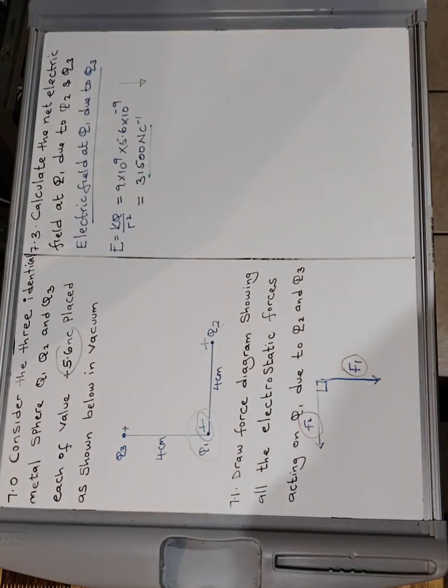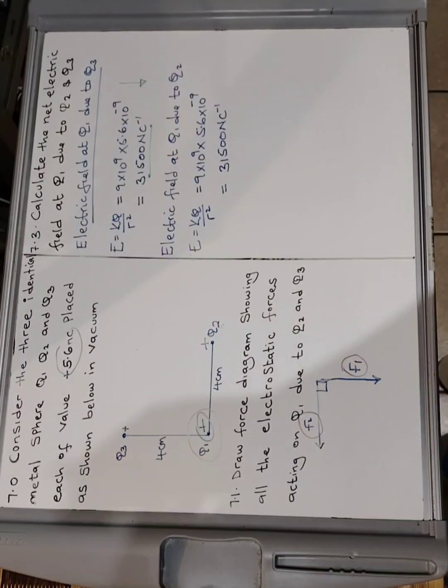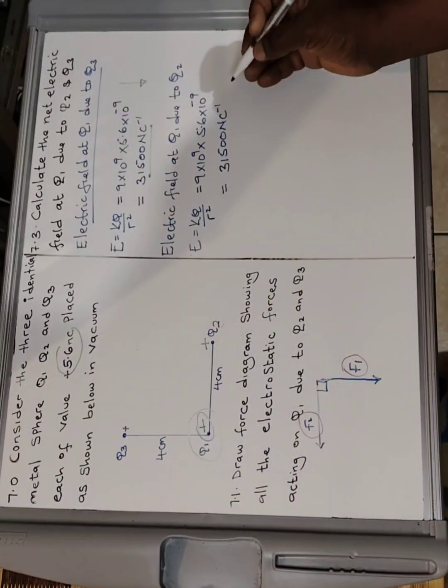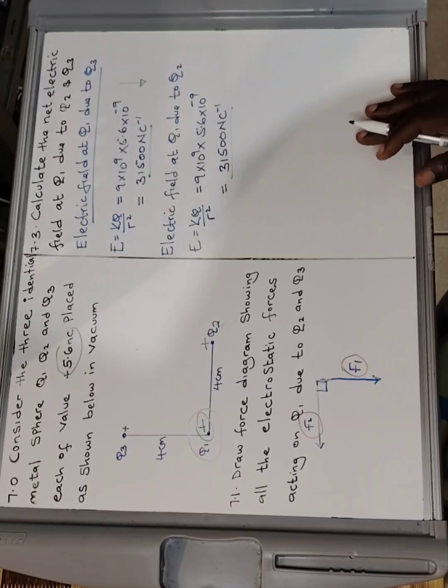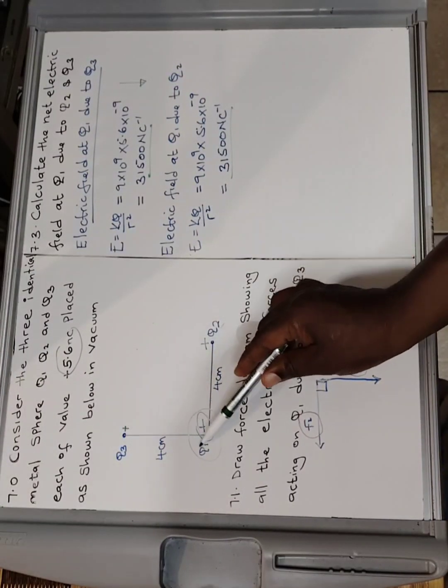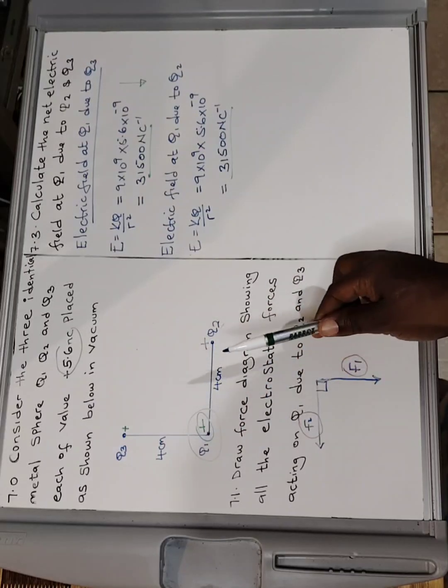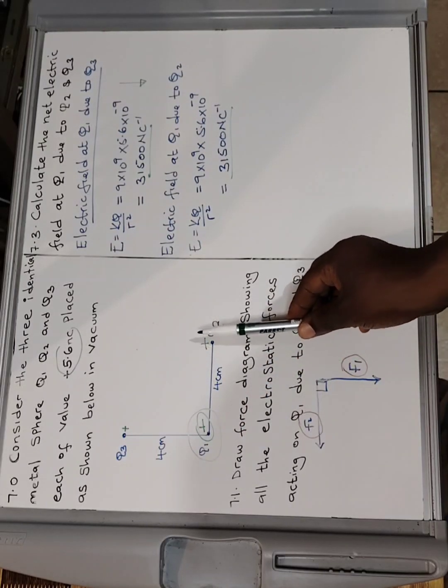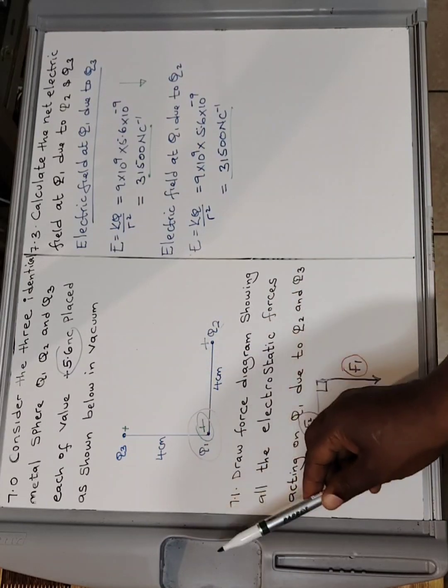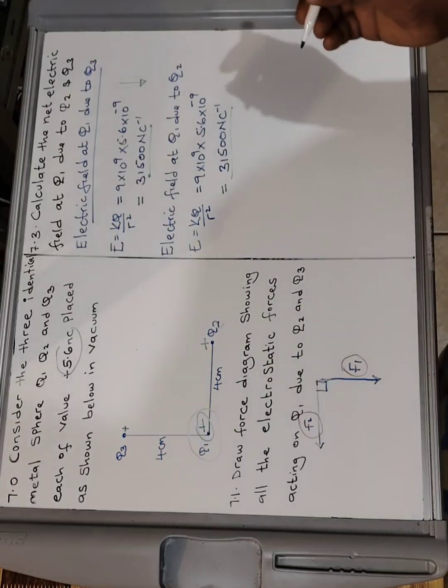Next, we look at the electric field at Q1 due to Q2. This is what we get after substitution. For the direction, remember we have this point as a positive charge and it is going to be repelled to the left.